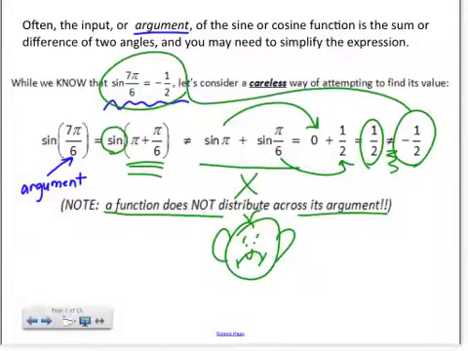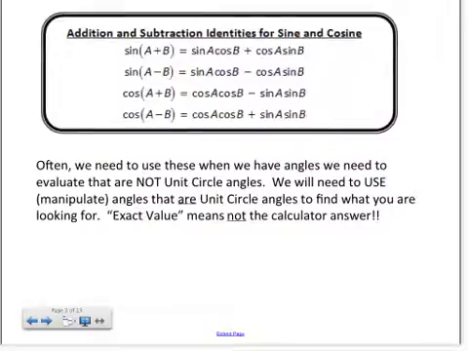Okay? So, we actually have some nifty little formulas, and you're going to look at these going, oh my gosh, I have to memorize these. Yes, you do have to memorize them, but there are some patterns that are easy to recognize. If we take the sine of two angles, say angle A and angle B, one identity that lets us break down the angle in the argument is to break that angle into two separate parts.